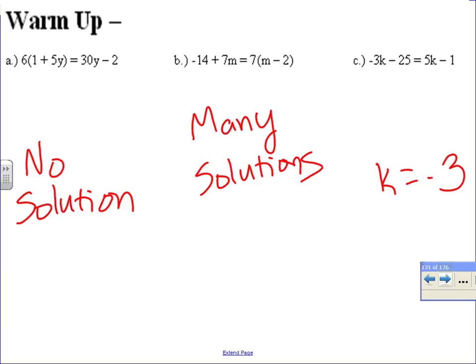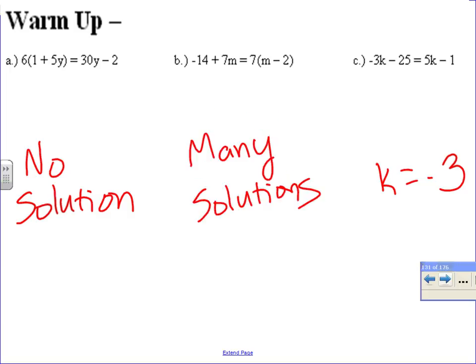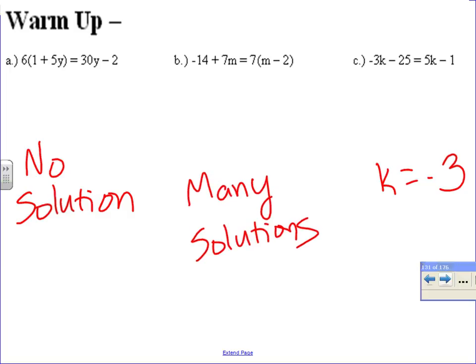Okay, Mary, question. What did you end up with? Give me your second or third step so I can see what you had. Okay, that's why you distributed wrong. So step 1. Rewrite negative 14 plus 7m. 7 times m is 7m. 7 times negative 2 is negative 14.